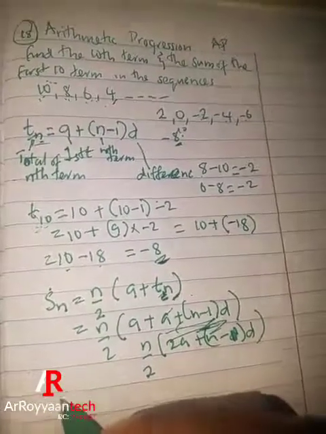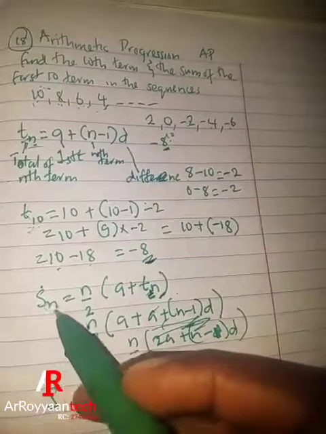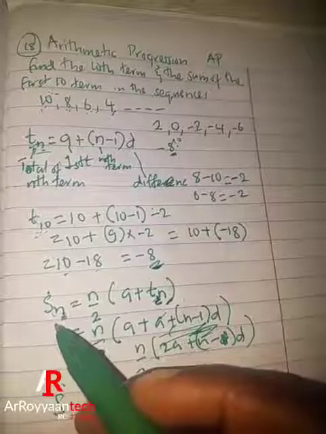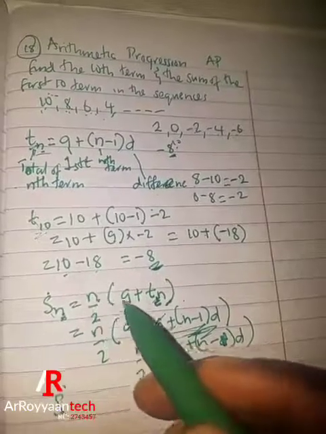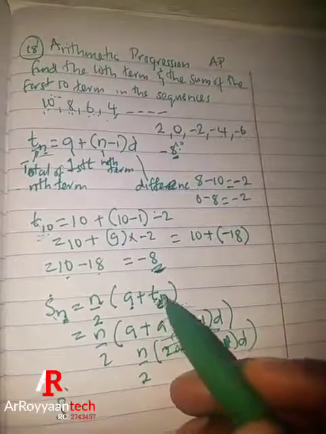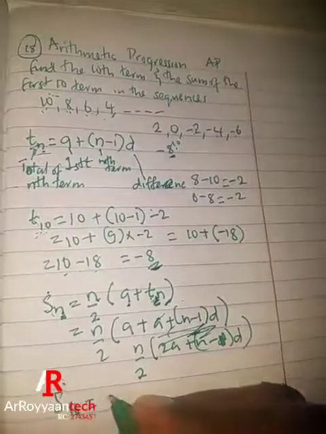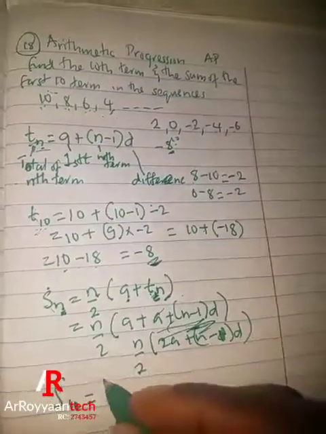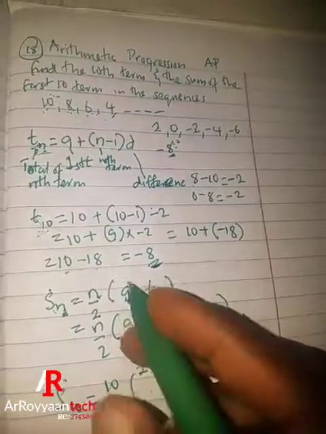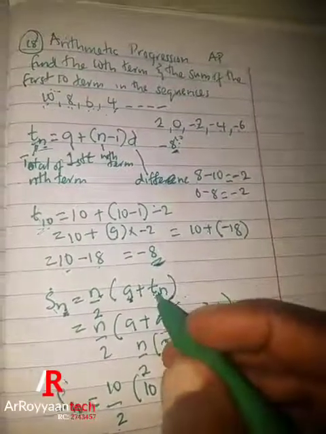So what's our sum? This is the sum of the first n terms. These are the nth term, these are the first term, these are our total. So we are looking for the first 10. What's our n? That will be 10 over 2. What's our first term? That's 10 plus what's our nth term?